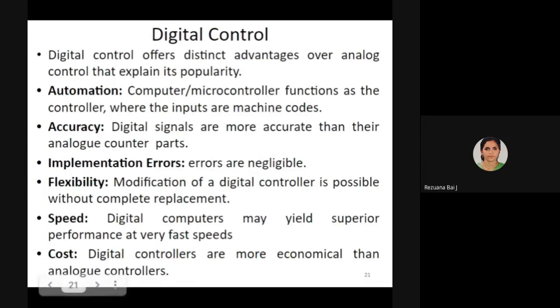Very large scale integration is possible now, and that technology is used so that the cost can be reduced by increasing the speed or decreasing the area. The controller cost can be reduced.